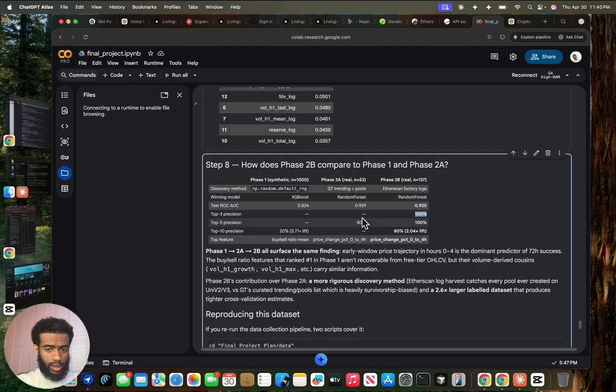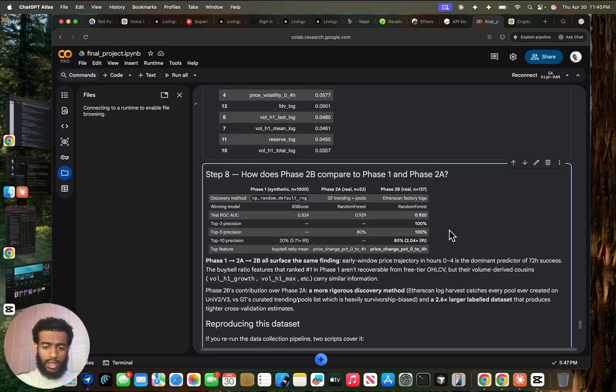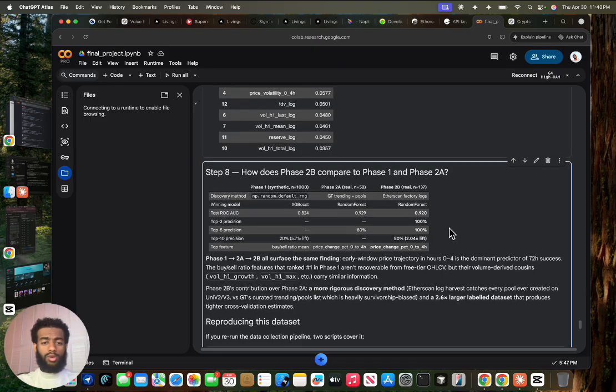For phase 2A, earlier, my bad, I was reading the phase 2B results, but for phase 2A, top 5 precision was 80%, and over here it's 100%, so it even improved. That was really surprising to me.